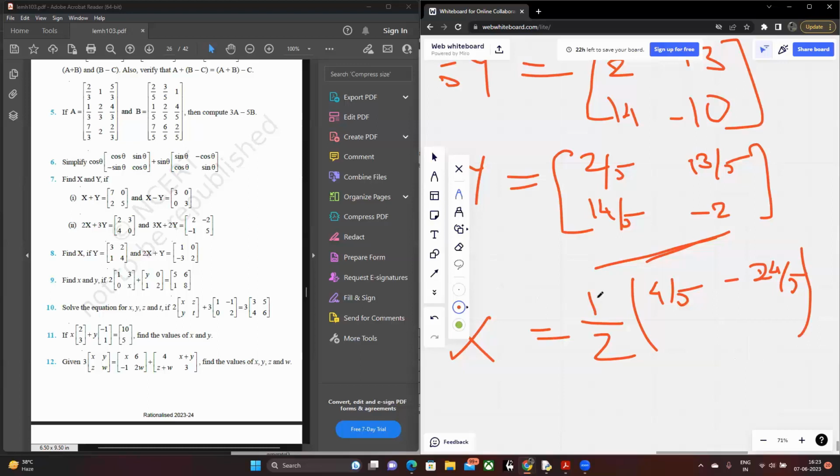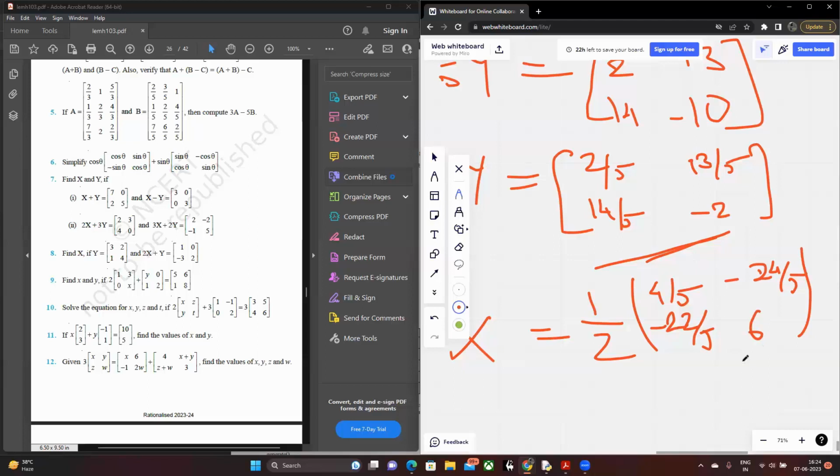Right. This is 4 by 5. This is going to be minus 24 by 5. And then you have 4 minus 3 into 14 by 5. That's 4 minus 42, that is minus 22 by 5. And you have this 0 minus 2, that is 0 minus of minus 2, minus 6, that is plus 6.